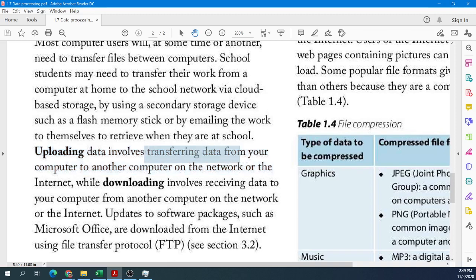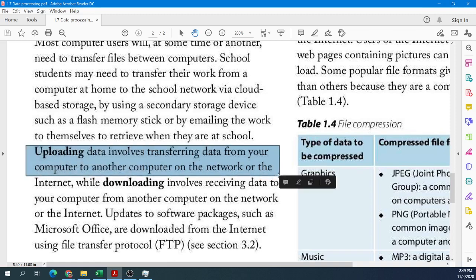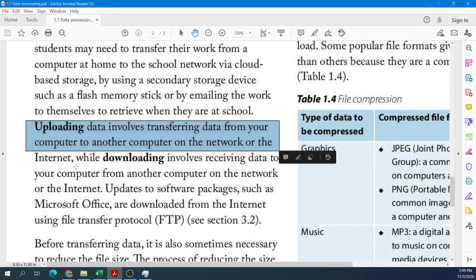It is transferring that data from your phone to another phone or location on the network or the internet. You transferring data from your device to another is referred to as uploading.